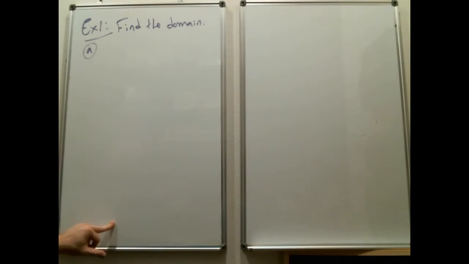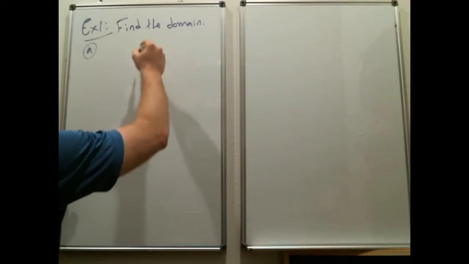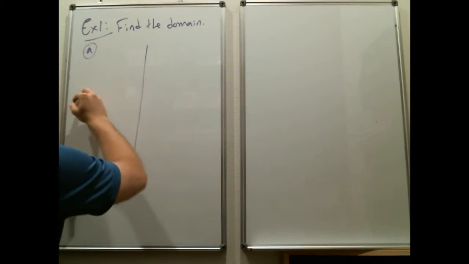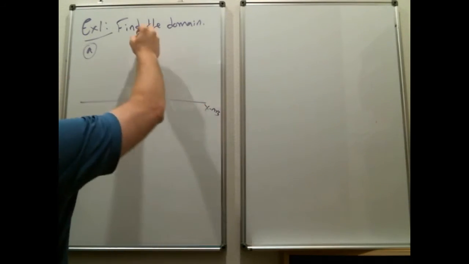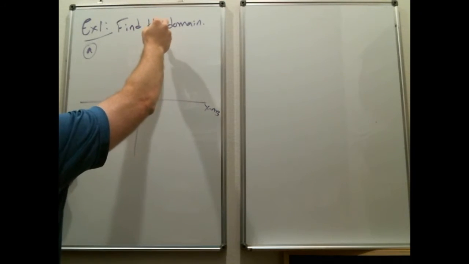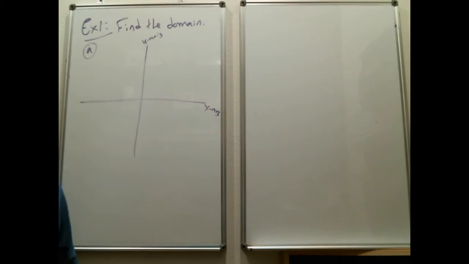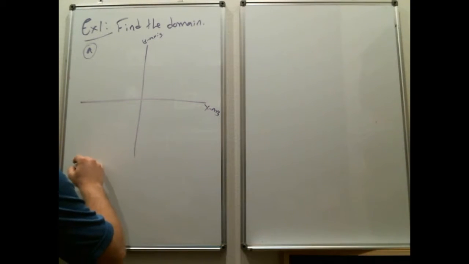So if we were to look at a graph, let's say first, here's the x-axis and the y-axis, and let's say we have this graph.